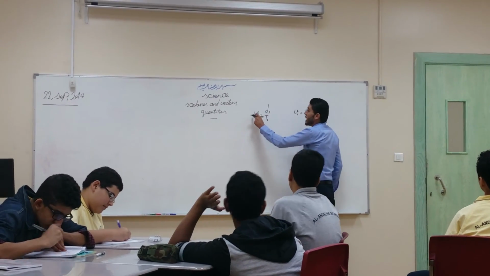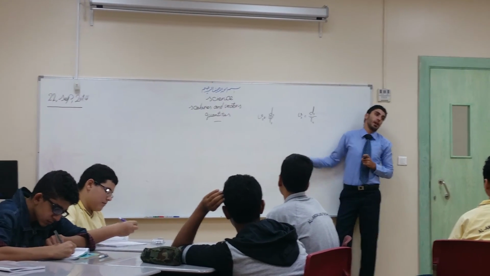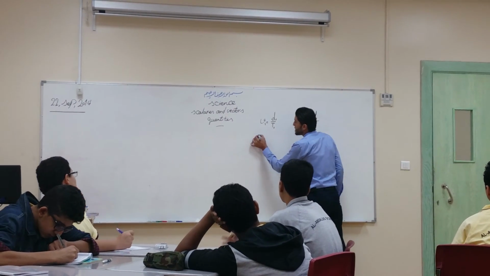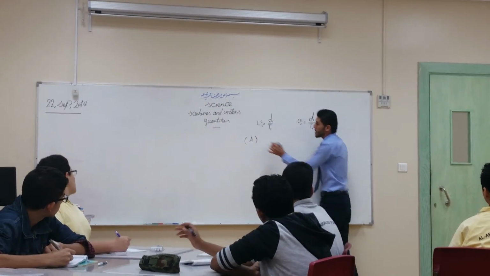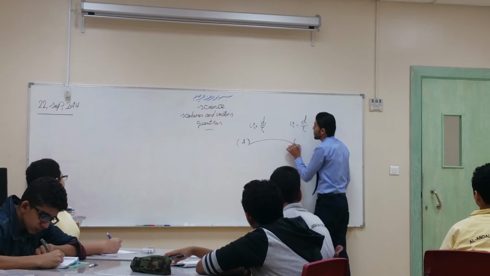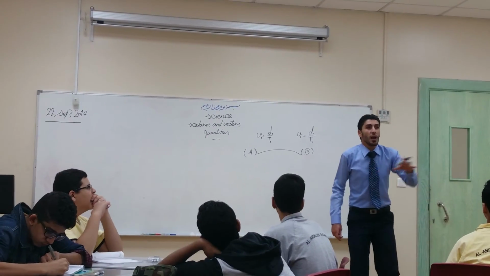If we wanted to find a relationship between the change in the two velocities, for example, there is a body in a position A. It starts to move from position A reaching position B. From A to B, it didn't start directly.